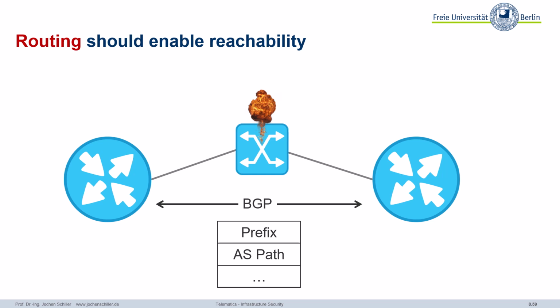So what can go wrong? Well, things could go wrong somewhere in between, in some intermediate systems and routers. Yes, they could fail, but we can also have a problem in BGP itself, in the protocol, in the paths. So many different problems may appear.